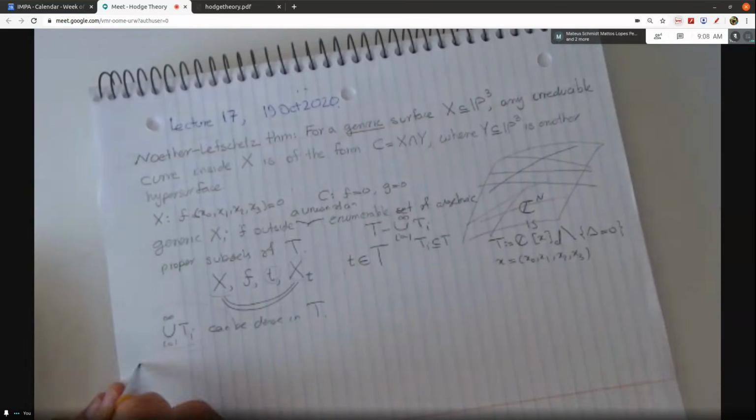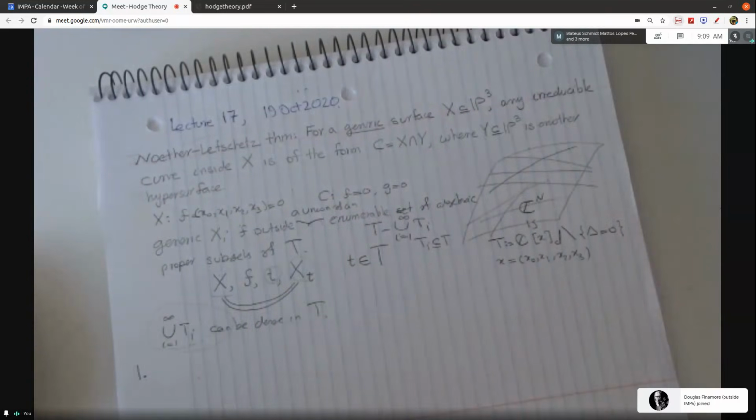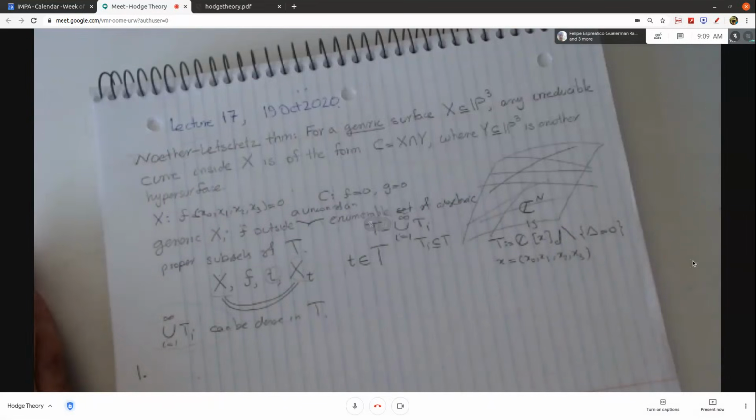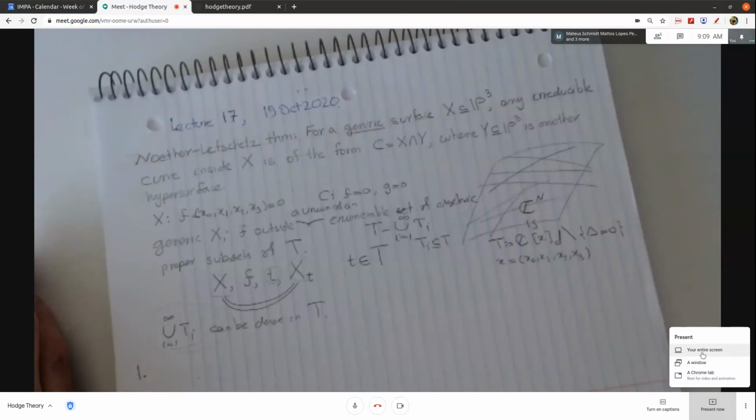There have been a lot of attempts to prove this theorem, and there are a lot of intuitions going on also.